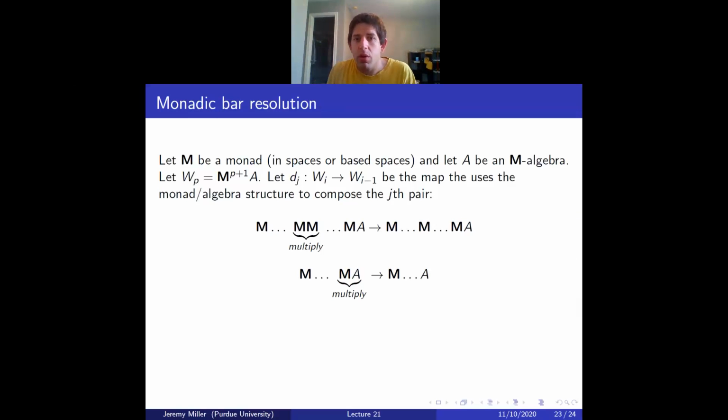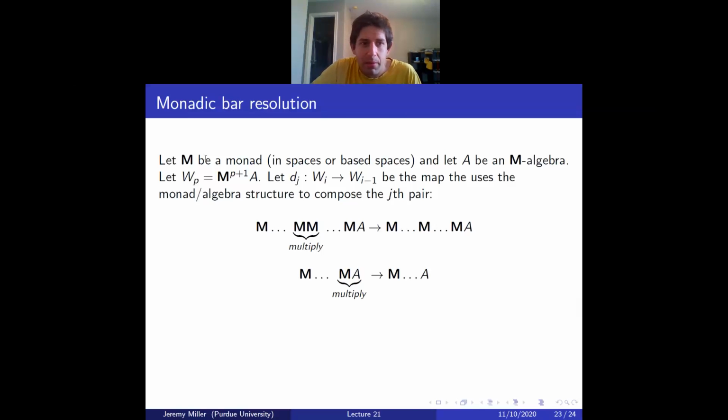So you can do the same thing with monads, but instead of being a chain complex, you're going to get a sort of simplicial gadget. So let M be a monad.